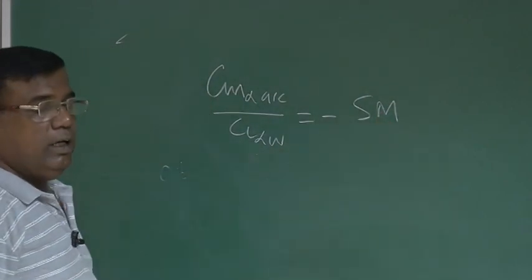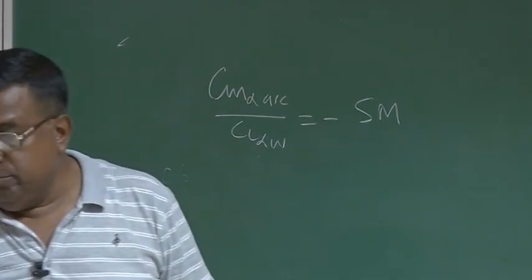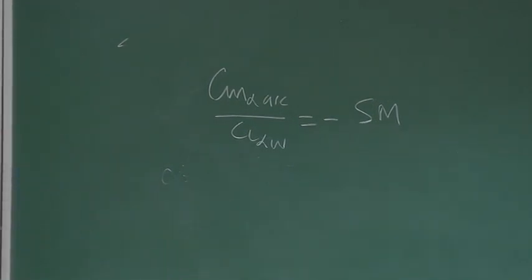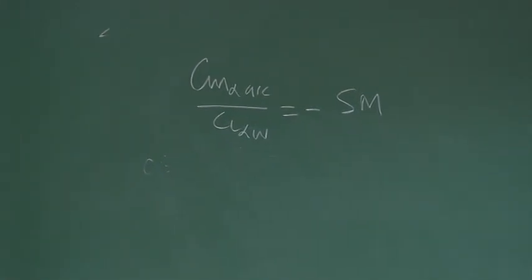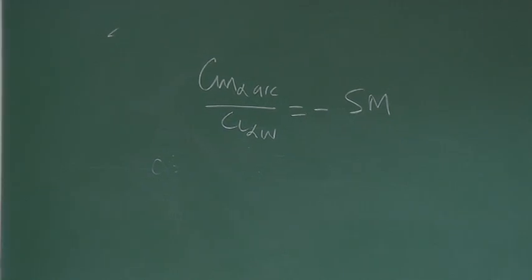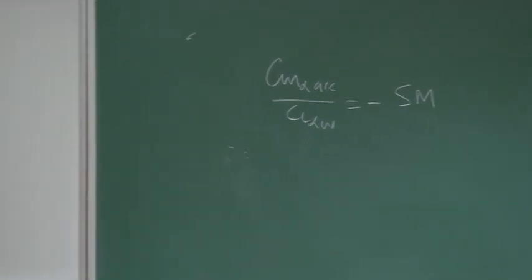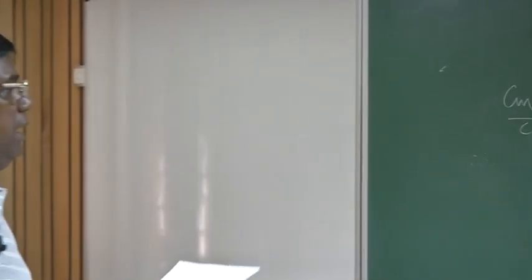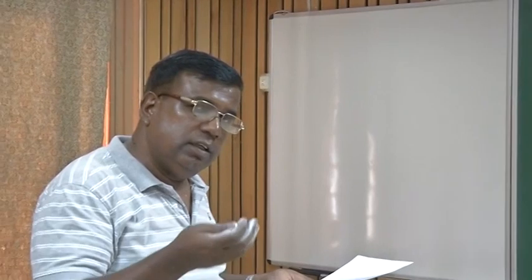Now if I do an approximation, this is where a designer plays an important role, right? Because we are trying to get the initial estimates. You know, what is the primary role of the wing? Generate lift. So it's obvious the CL alpha of the wing, based on the reference area, is the predominant CL alpha of the whole airplane. That is, I can assume with a 10% inaccuracy that CL alpha of the aircraft is nothing but CL alpha of the wing.